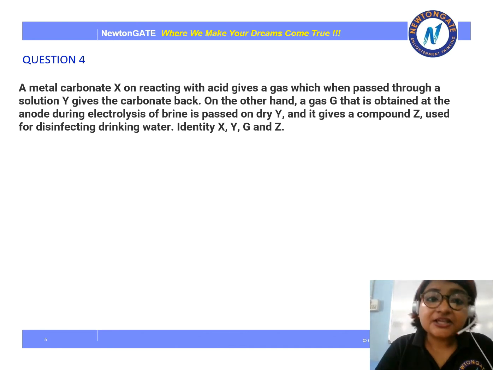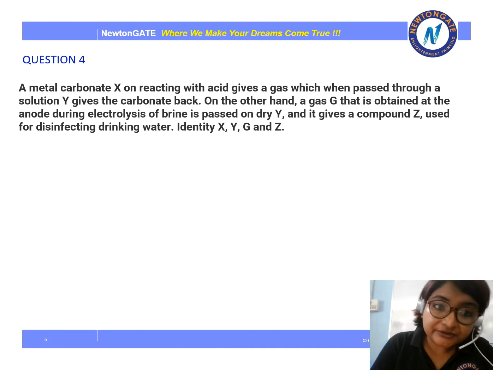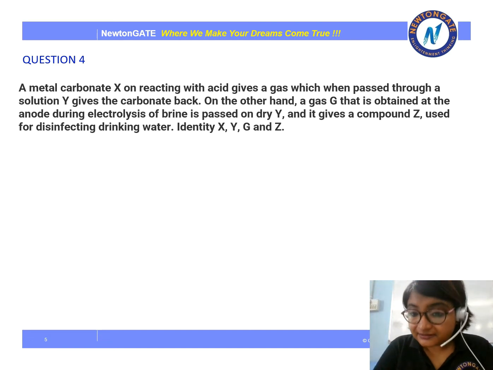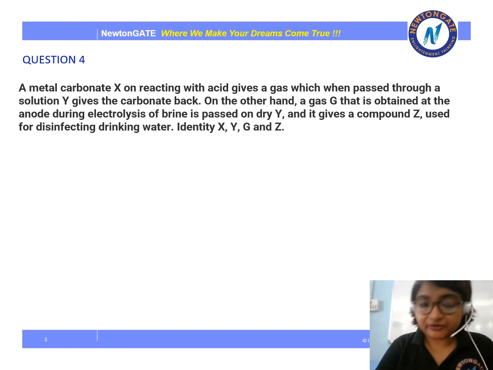That means now you know that your metal carbonate X is calcium carbonate, because if you pass carbon dioxide through the solution of calcium hydroxide, you will get back the metal carbonate, that is calcium carbonate.